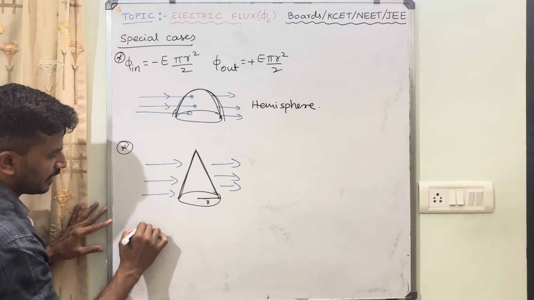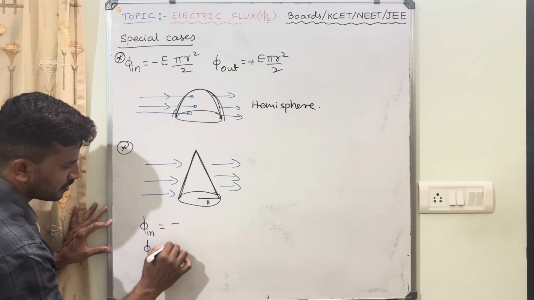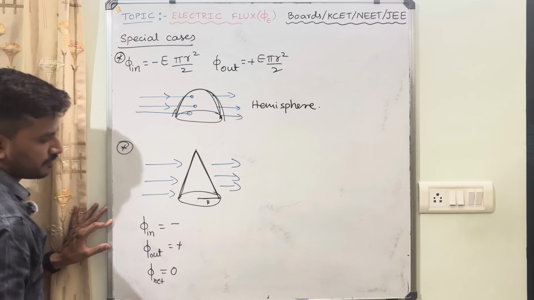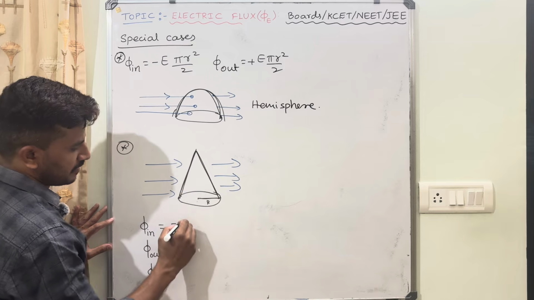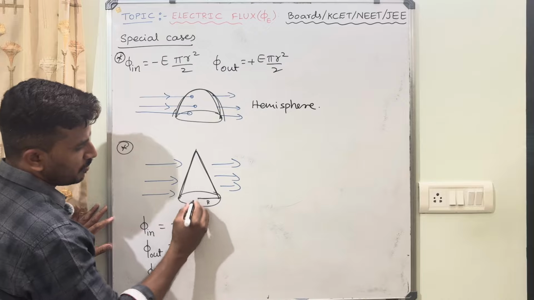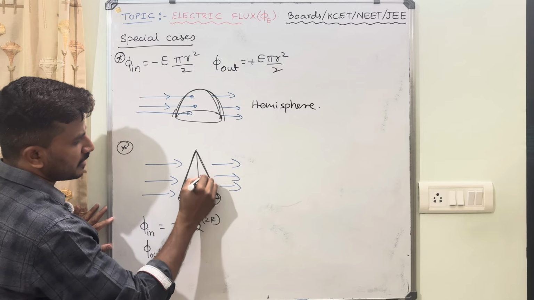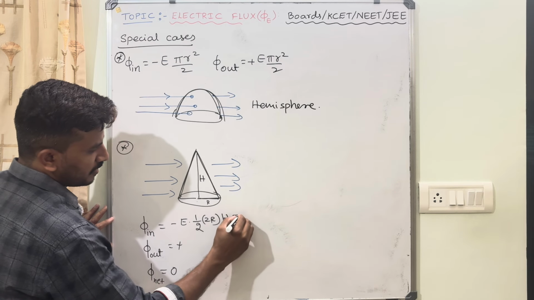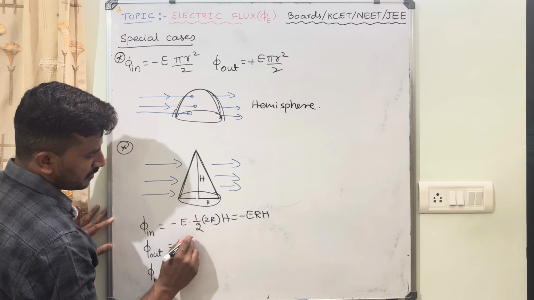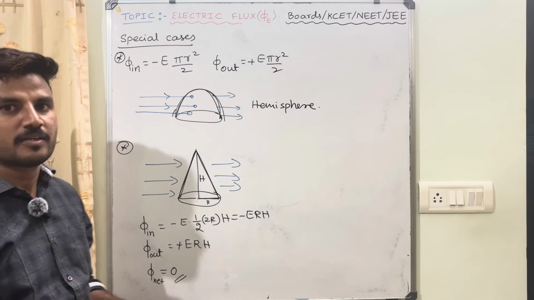Now electric flux in is negative, electric flux out is positive, net electric flux is 0. Electric flux in is E into area, the area of the triangle, half into base, which is radius plus radius, 2 times r, into height, let me consider h. That is minus E r h, output plus E r h, flux is 0. Is that clear?